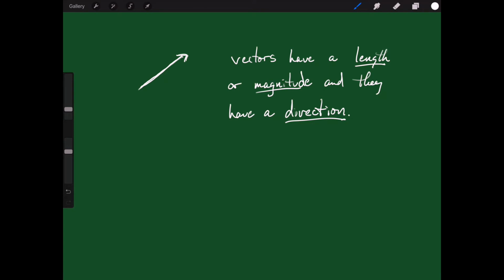Now, if a vector has a length and a direction, what if you just have a magnitude that's not associated with a direction? Then you might just have a number like 4. 4 is just a number. It doesn't have a direction per se. So 4 has a magnitude, but no direction.